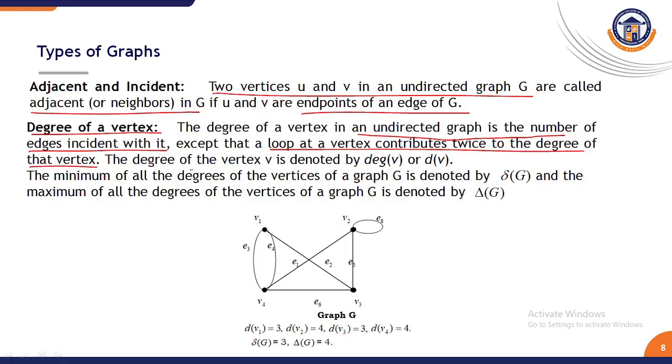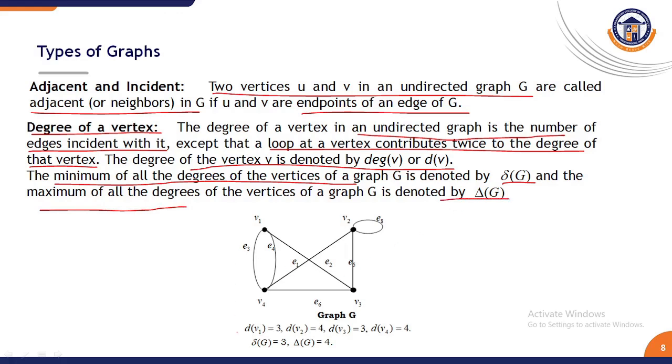The degree of the vertex V is denoted by d(V) or deg(V). The minimum of all degrees of the vertices of a graph G is denoted by delta of G, and the maximum of all degrees of a graph G is denoted by Delta of G.